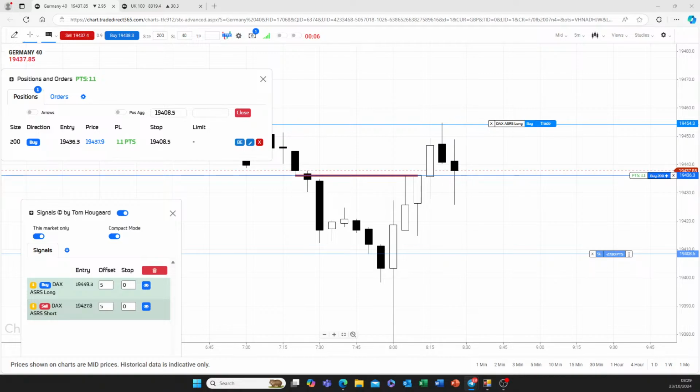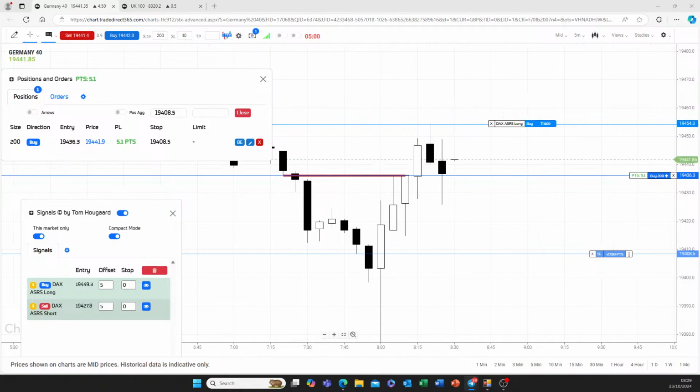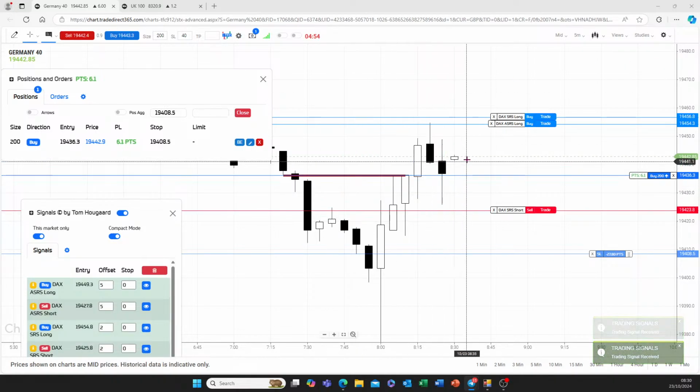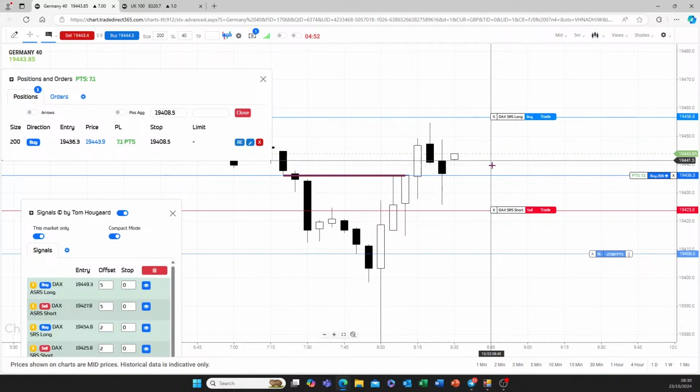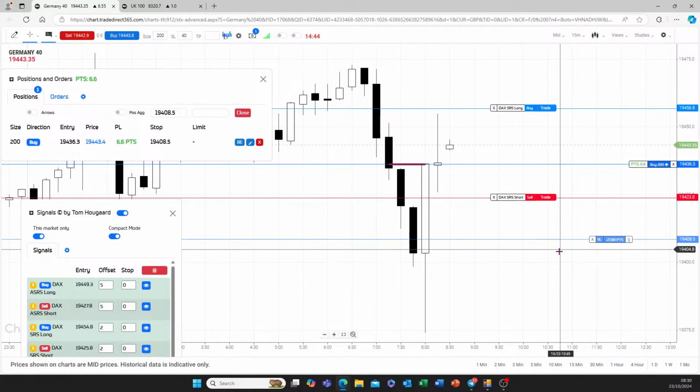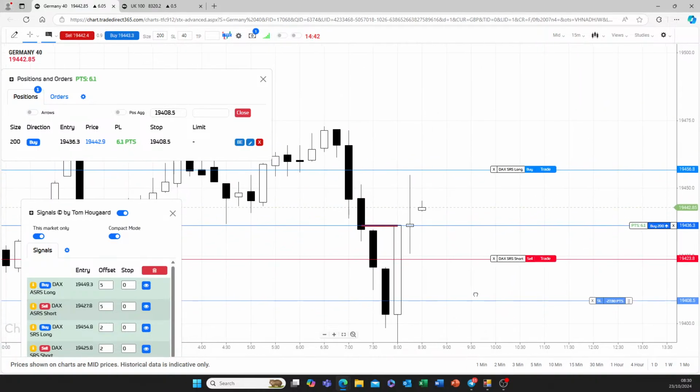So the school run will trigger in 5 seconds. 1 second. Just going to input the new stop loss in Telegram. So I'm just going to delete the ASIS, and now I want to flip over to a 15-minute chart, and that will give you a viewpoint of where the orders are coming in.